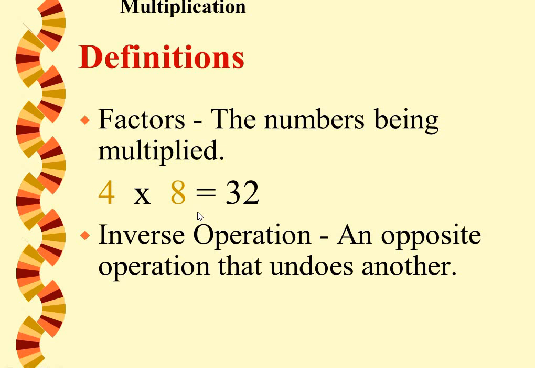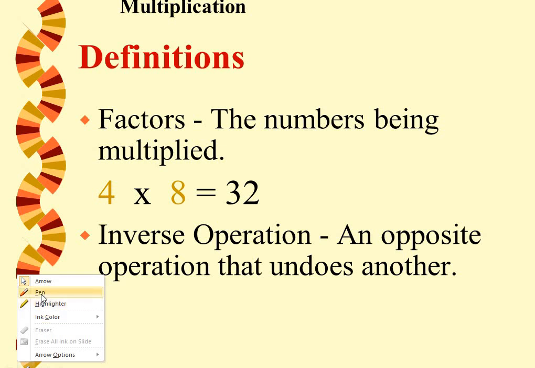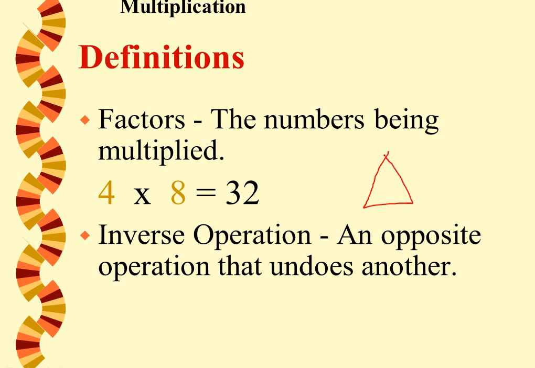You can represent these fact family members by using a triangle again, as you did on Wednesday. One of them will be 32, the greatest one, at the top of the triangle, the other will be 4, and the other one will be 8.